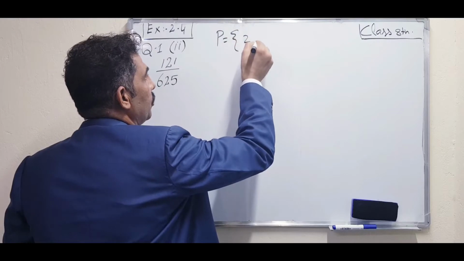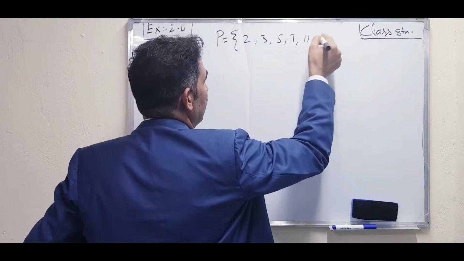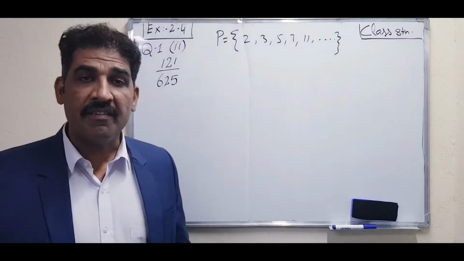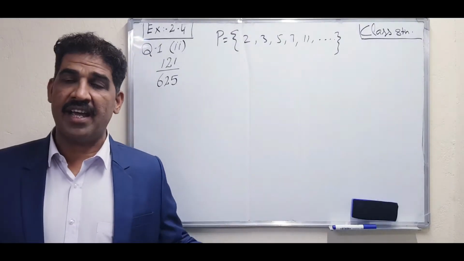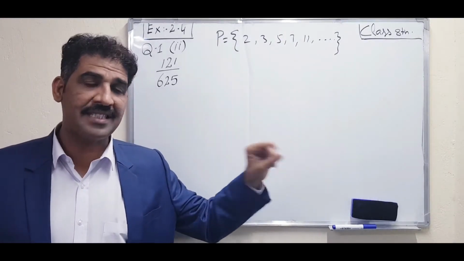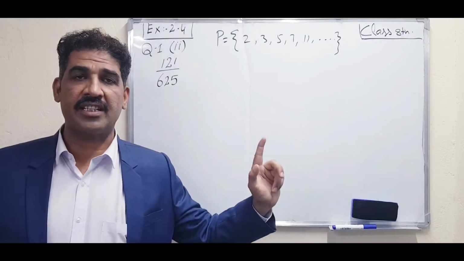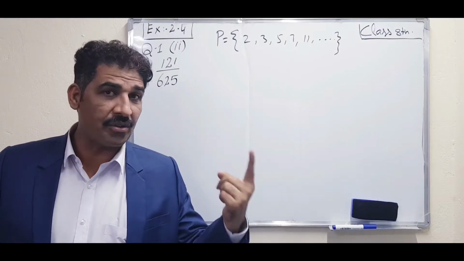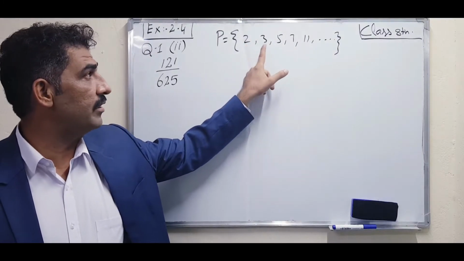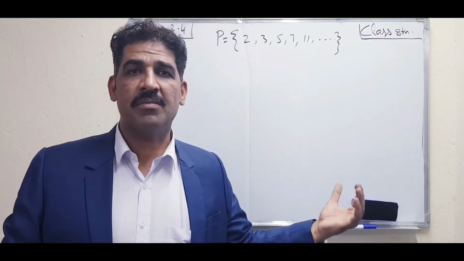Prime numbers are 2, 3, 5, 7, 11, and so on; 9 is not included. Such a number is divisible only by itself and 1, so it has only two divisors. 1 is not included because it has only one divisor, not two. So 2 has factors 1 and 2.